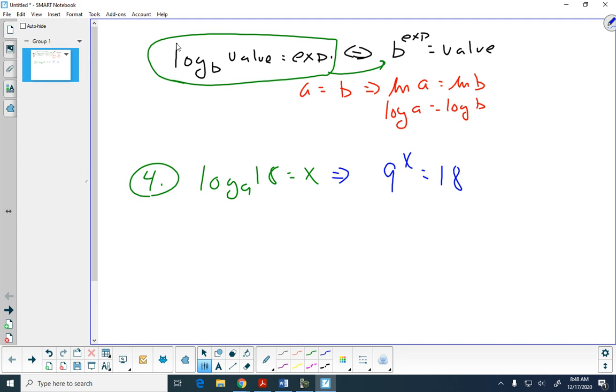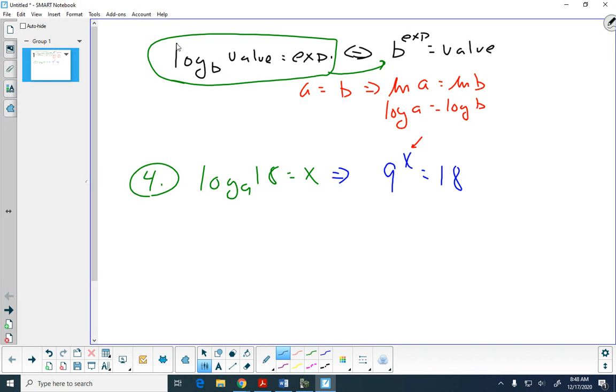But what we do have is the problem here of this variable being in our exponent. The most practical use for logarithms is to be able to use the property that if I take the log or natural log of something, I can bring a variable out of the exponent. And that's why we use logarithms.